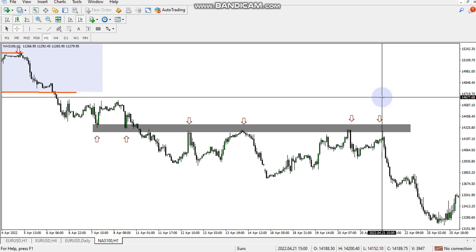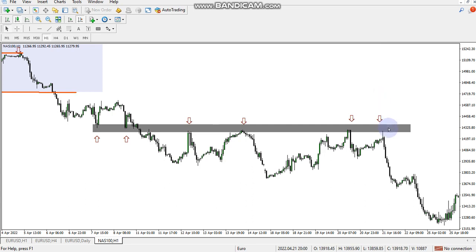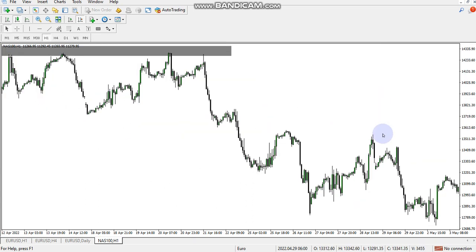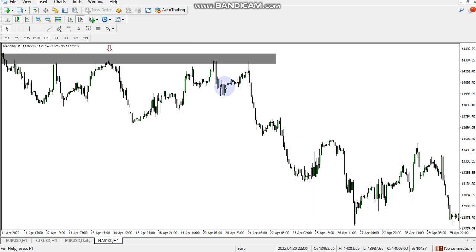So at 3:30 the market opened. Then what happened? It sold, you see, and then it never came back again to that level. It sold at 3:30. So the final run away from this level is at 3:30. So another thing, remember, we use flip zones, flip zones, flip zones.